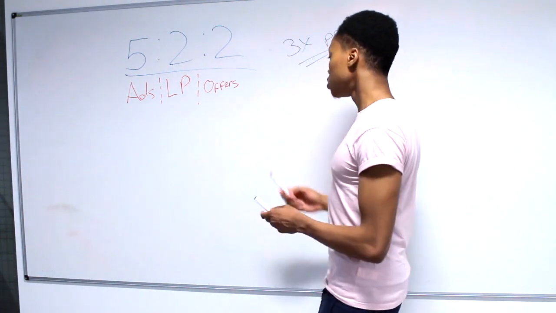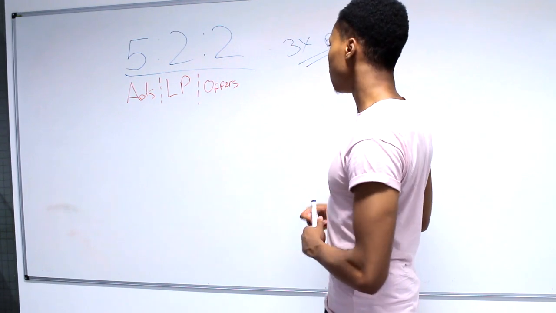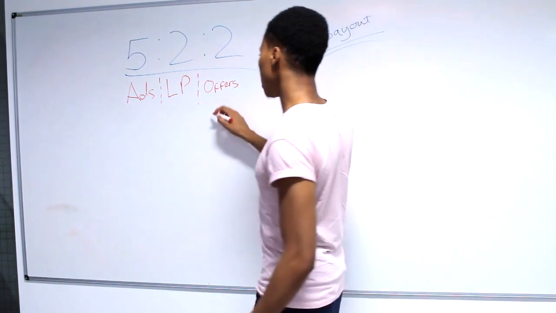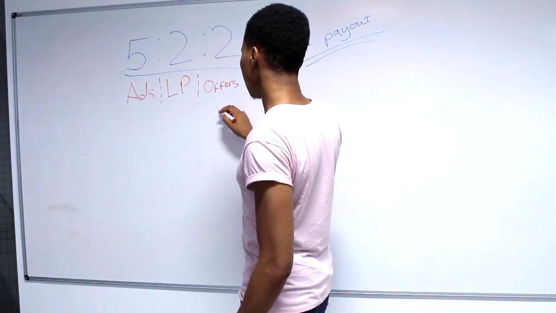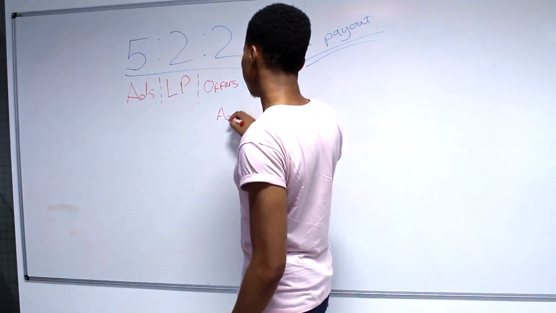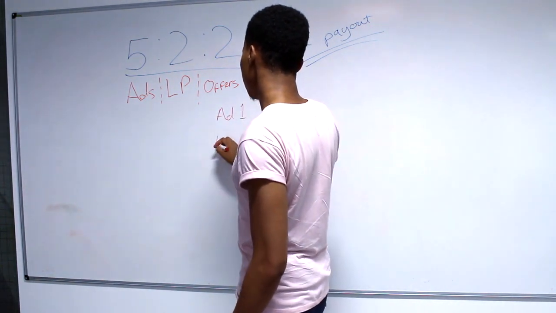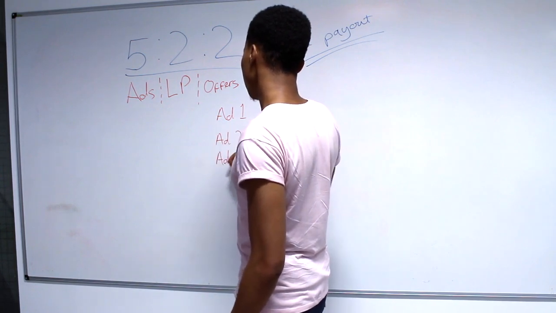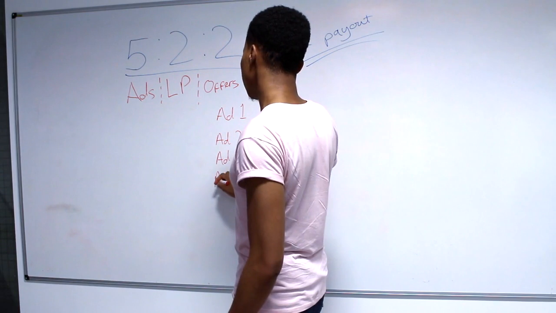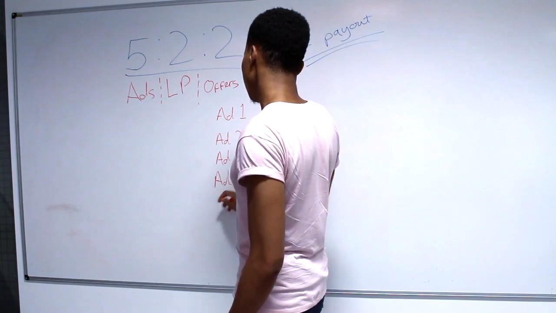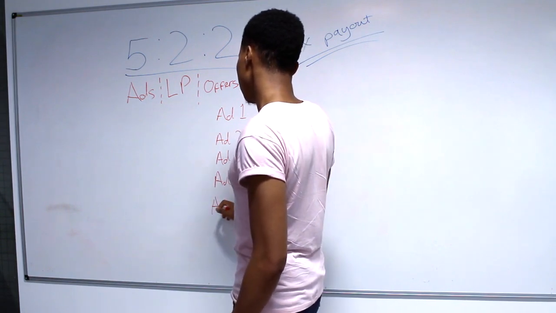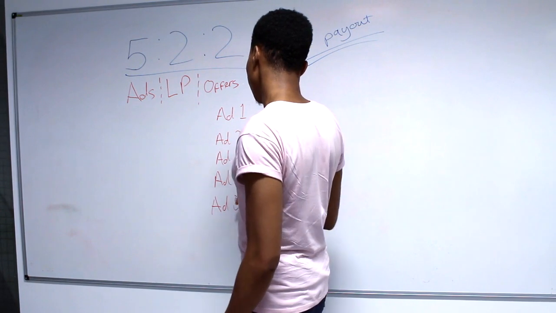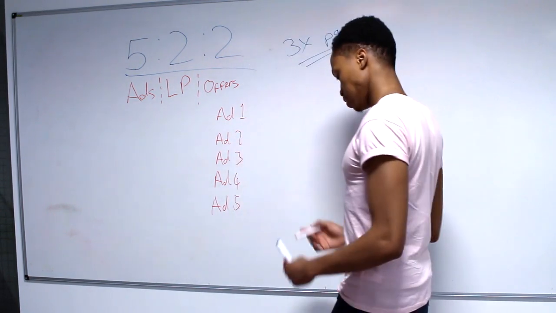Okay? Now what I'm going to do is draw this out diagrammatically very, very quickly. So let's say, for example, we have 5 ads. So we have ad 1, ad 2, ad 3, ad 4, and ad 5. Okay? So these are our 5 ads.